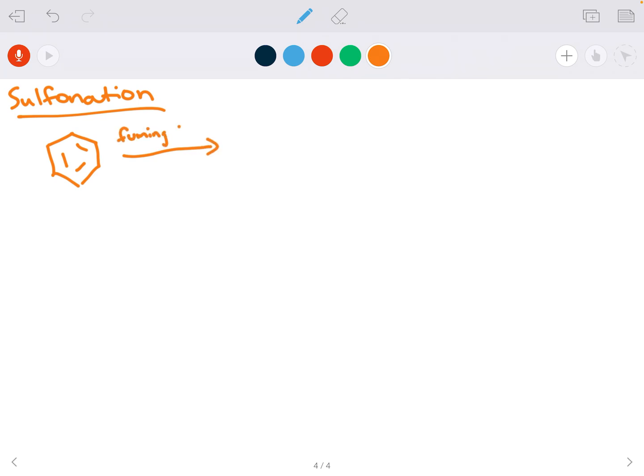So next up is going to be sulfonation. In this reaction, I have benzene, react it with fuming sulfuric acid, and I get my product of that.